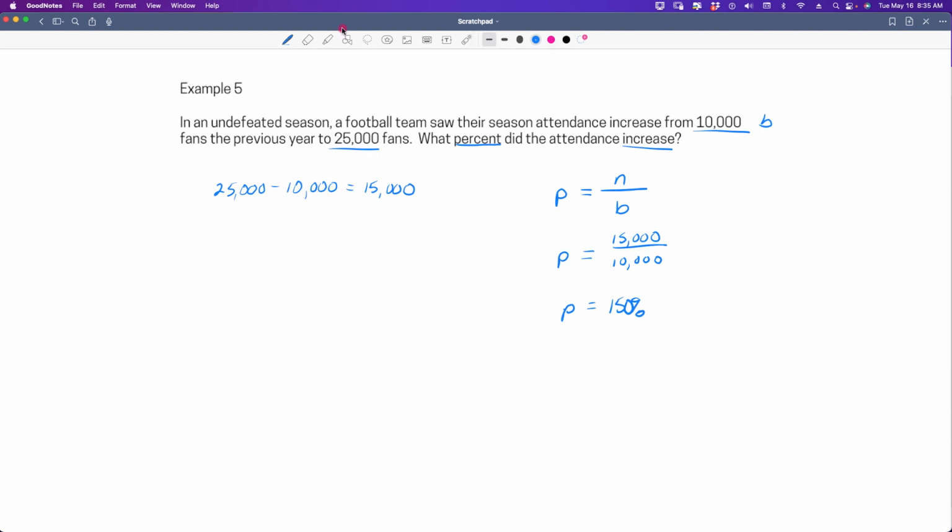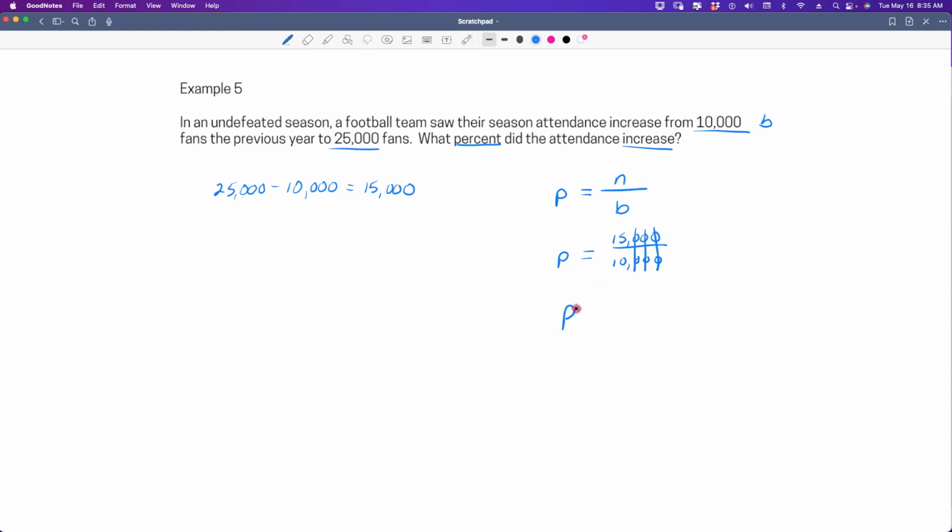Now let me show you a little trick so that you don't always have to use the calculator to reduce. You can reduce your fractions like this. Get rid of your zeros. We divided by 10, we divided by 10, we divided by 10. So 15 over 10, we know this is divisible by 5 and this is divisible by 5.